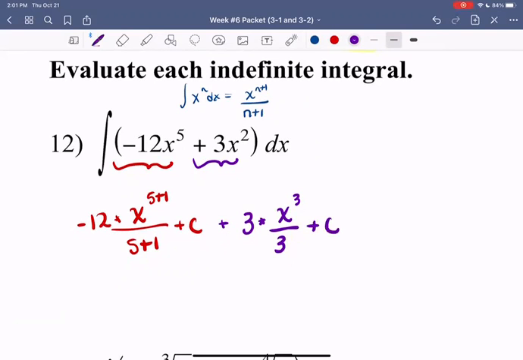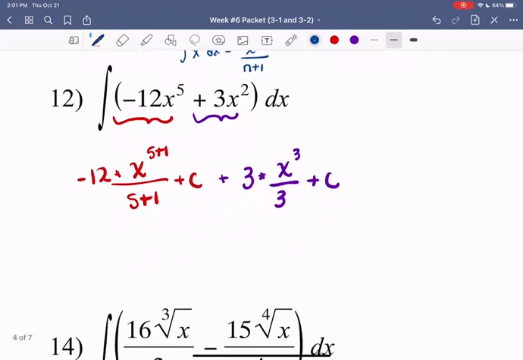Again, we want the plus c, and let's clean this up a little bit for our final answer. First of all, I can just do that addition and simplify. So I get negative 12 x to the 6 over 6 plus c plus 3 x cubed over 3 plus c.